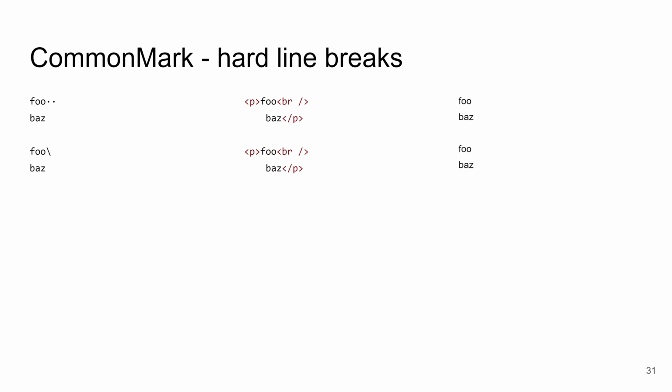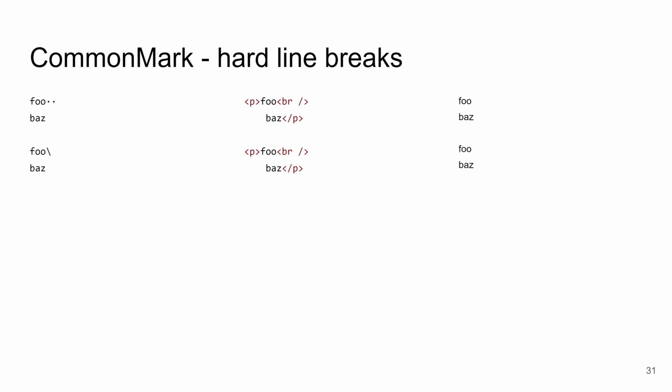Now another feature are hard line breaks. So if you absolutely must have a line break in your text somewhere, which normally goes against good practice because you should leave line breaking to the browser so that you don't interfere with what the browser decides is the best line break position.